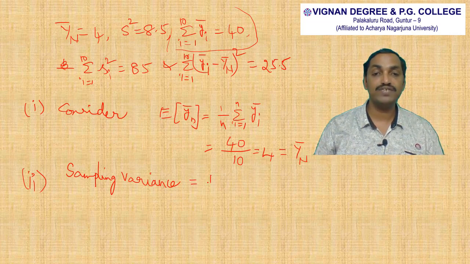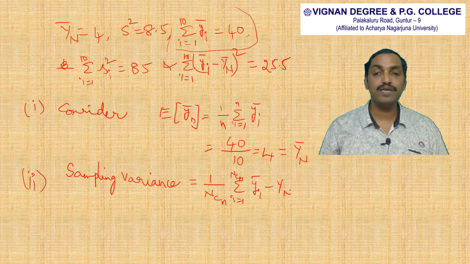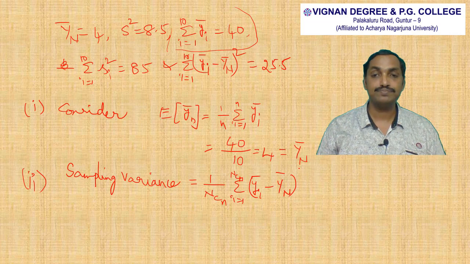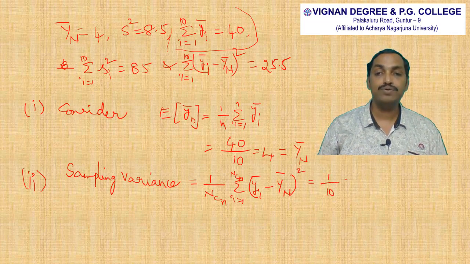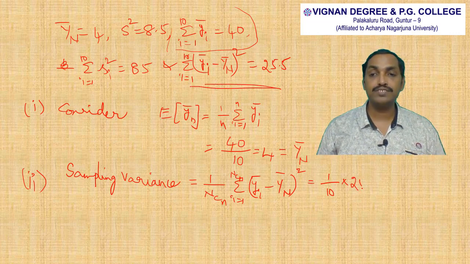So here the formula for sampling variance is 1 by capital NCn into summation i equal to 1 to capital NCn of yi bar minus capital Yn bar whole square. So which is nothing but 1 by 10 into summation yi bar minus Yn bar whole square, which is 25.5, that is equal to 2.55.